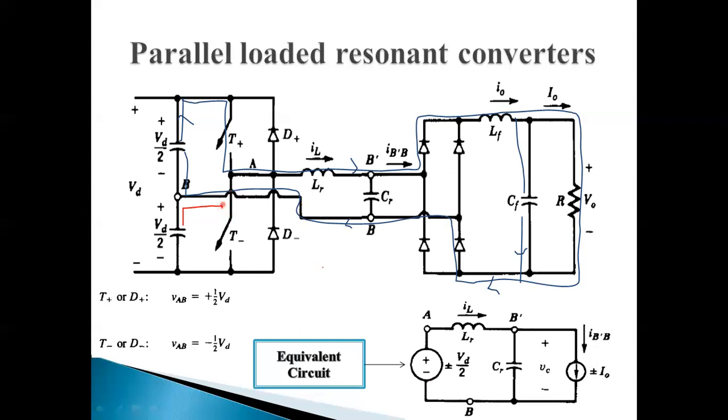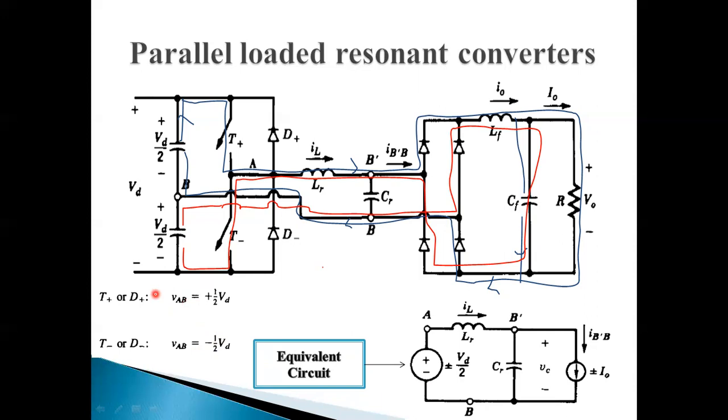So current is flowing through this in this direction, through this diode, and similarly this. At that time T minus is conducting and this completes the closed loop path. At that time VAB is equal to minus 1 by 2 VD. This is very simple.